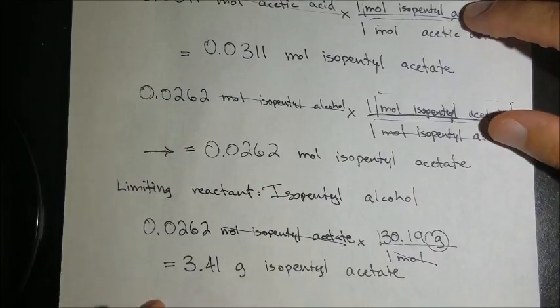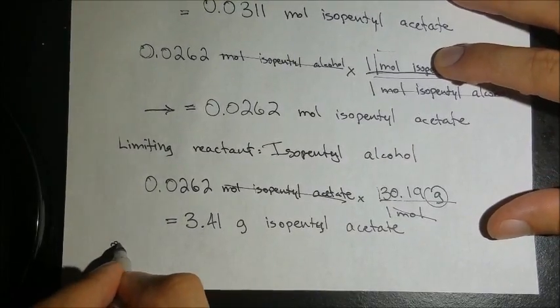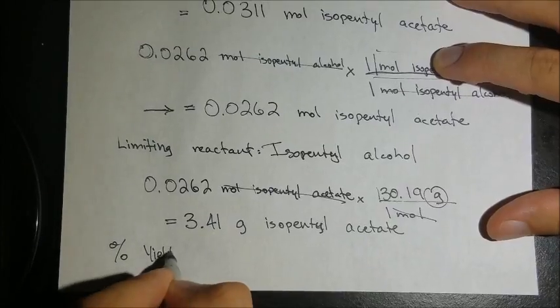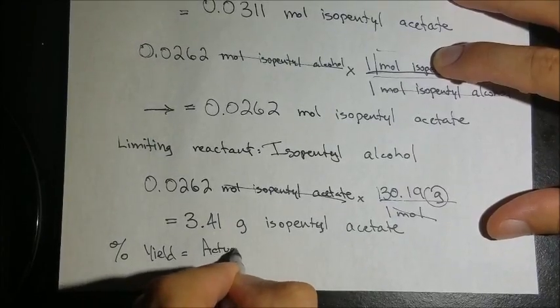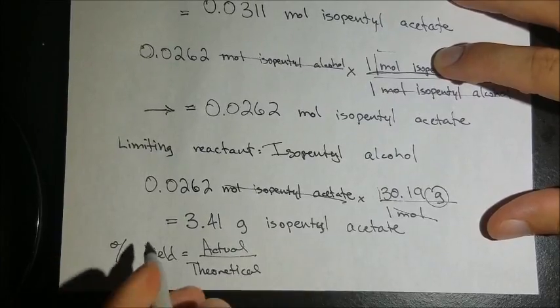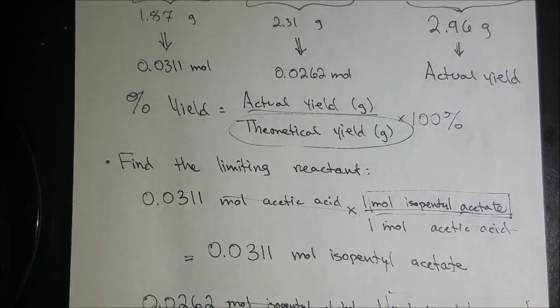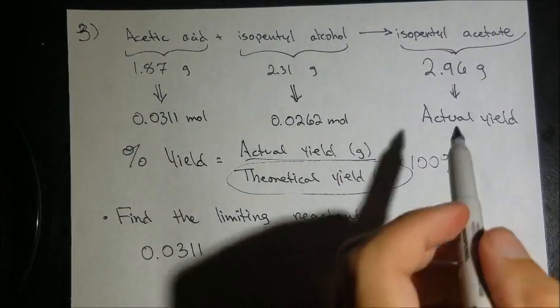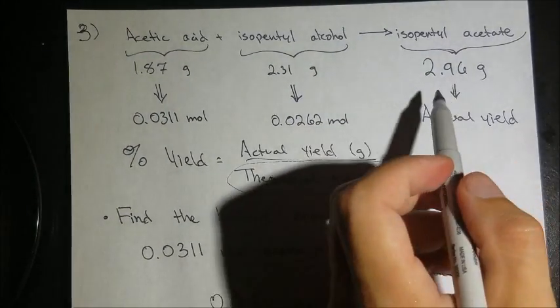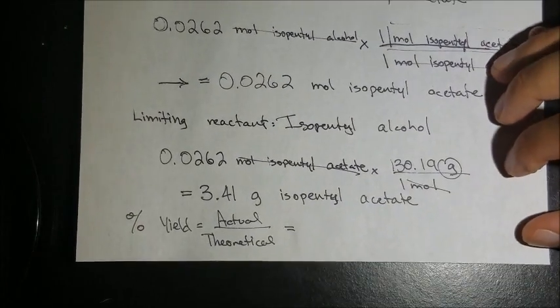So now let's go back and figure out what the percent yield is. So let's remember that percent yield is the actual over the theoretical masses. So our actual, back at the beginning of the problem, the actual yield was 2.96 grams of isopentyl acetate.